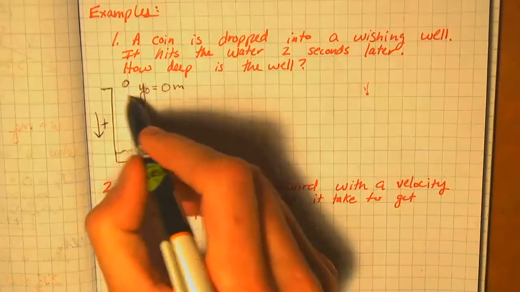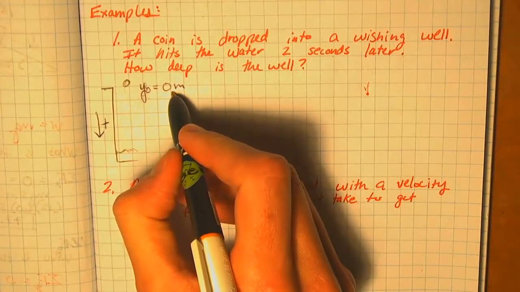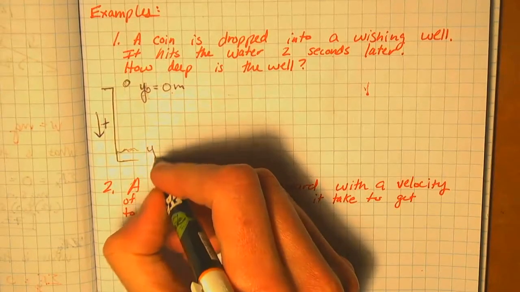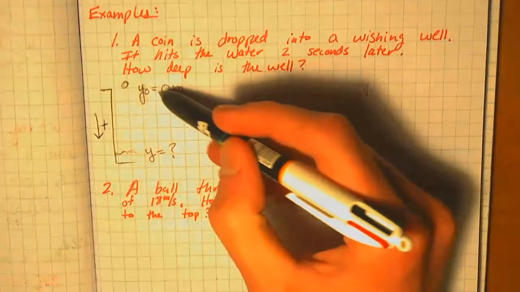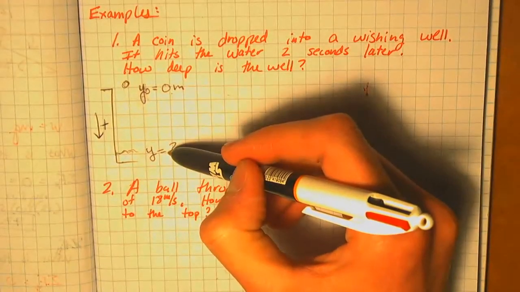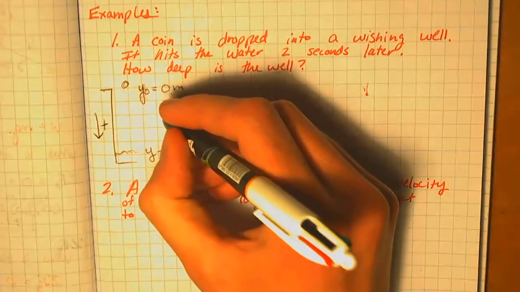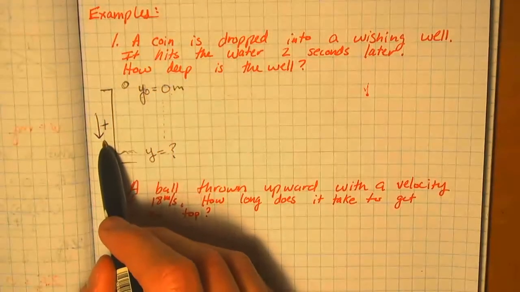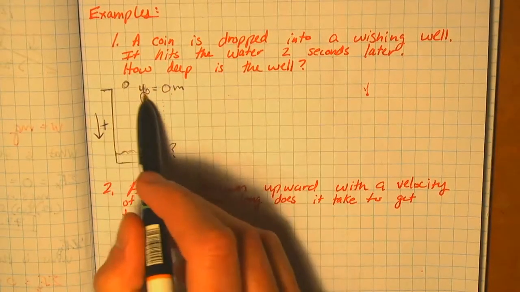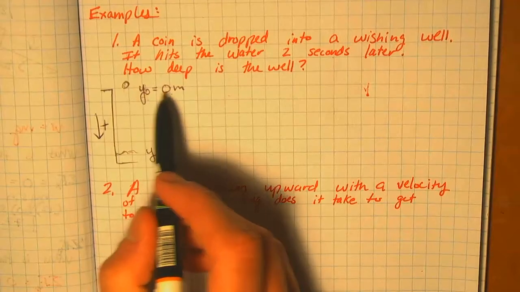So what that means is we can set our initial position equal to 0, and then we are looking for our final position. It's important to note that this is going to be the 0 instead of this, because as we go down, the numbers are going to get bigger and bigger because we're going in the positive direction. So this is the 0 part of your tape measure.